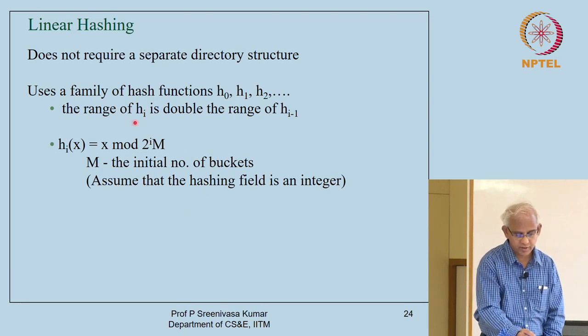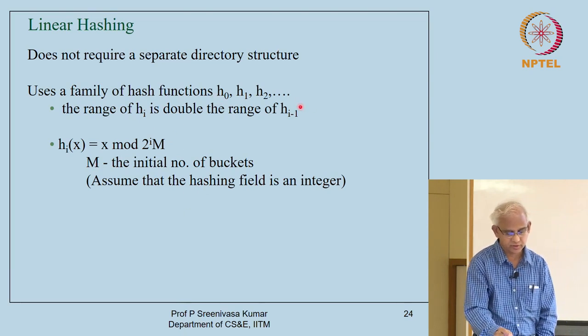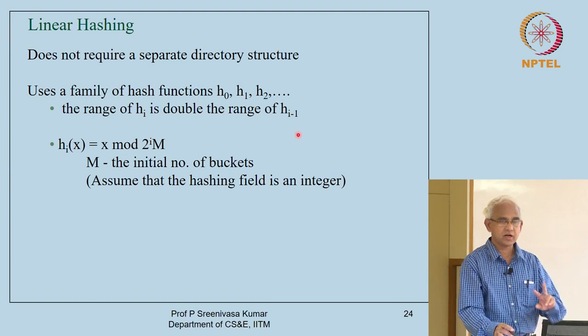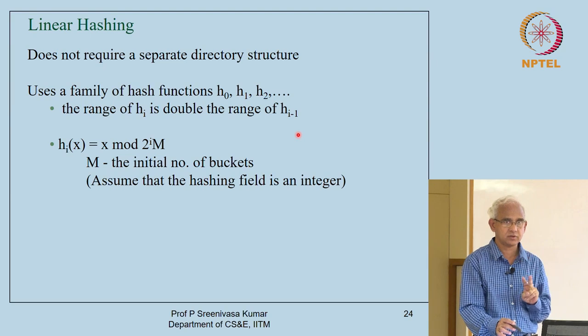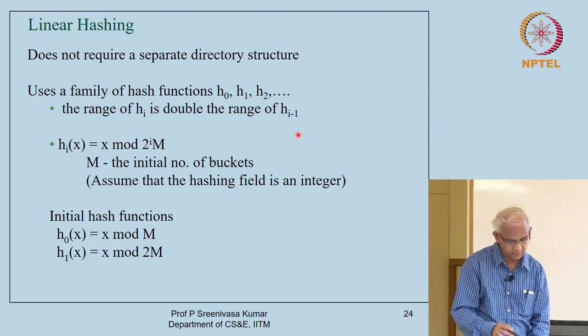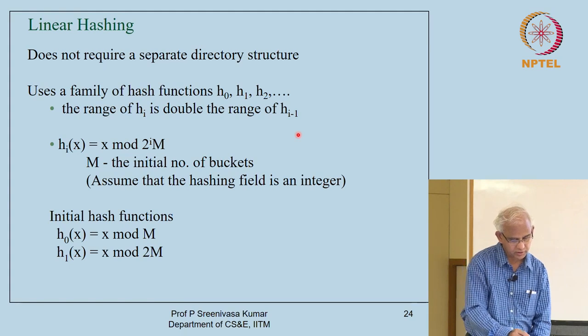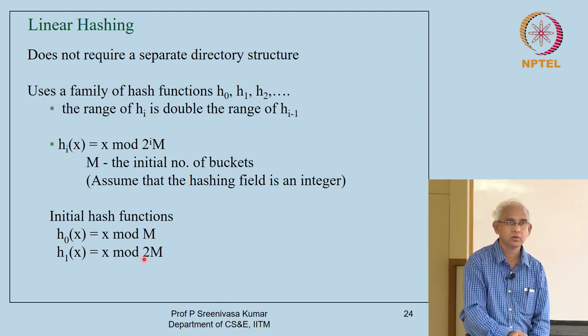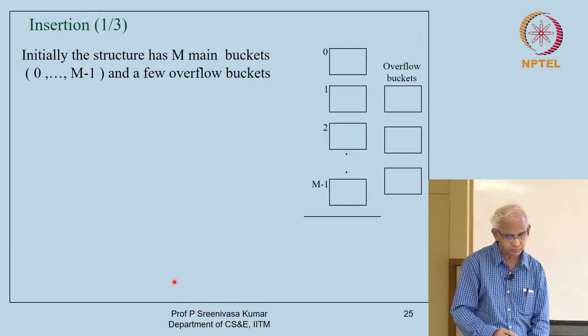We will assume the existence of such a family of hash functions, but at any point of time we will actually use a pair of hash functions. So, let us assume that the initial hash functions are H0 of x is x mod m, H1 of x is x mod 2m, for some m, which is the number of initial buckets.